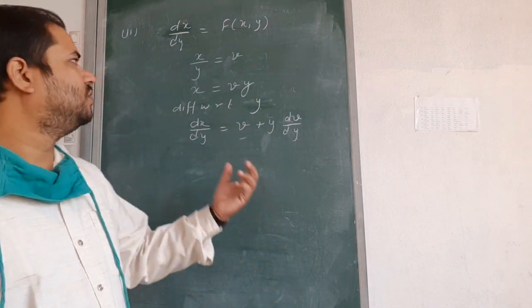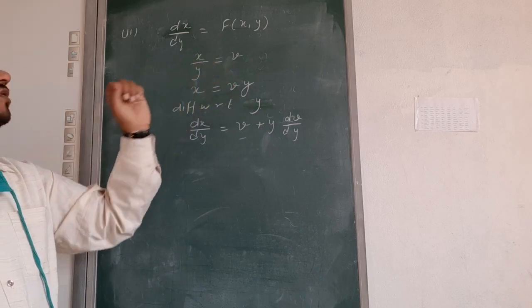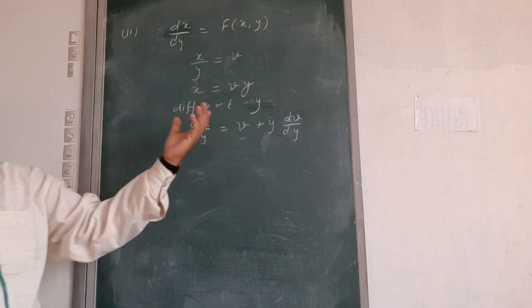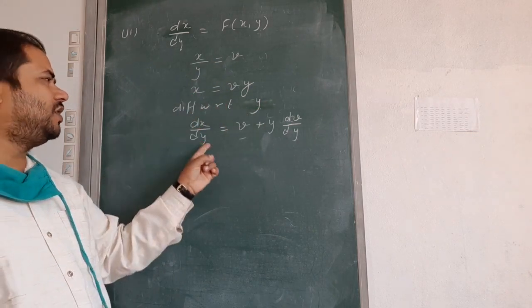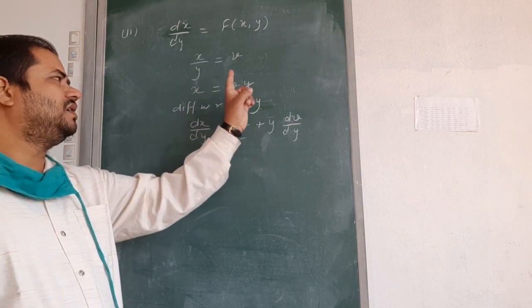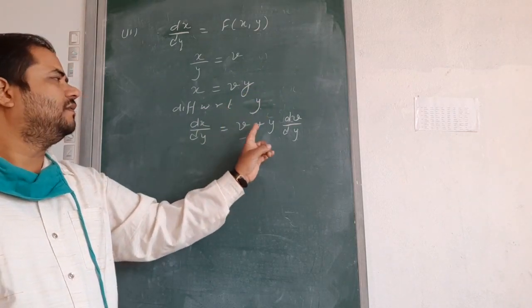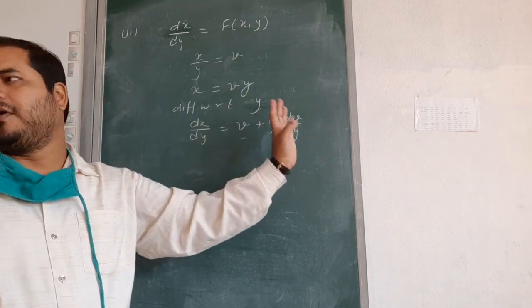So x upon y we put v, then x is equal to vy. Then differentiating with respect to y, dx upon dy: v is the first function, differentiation of y with respect to y is 1, and then y dv upon dy.